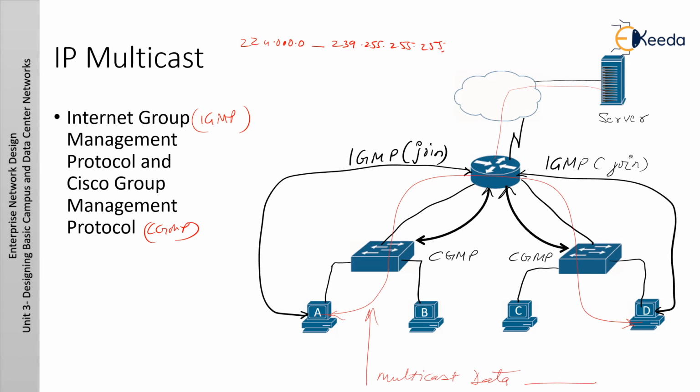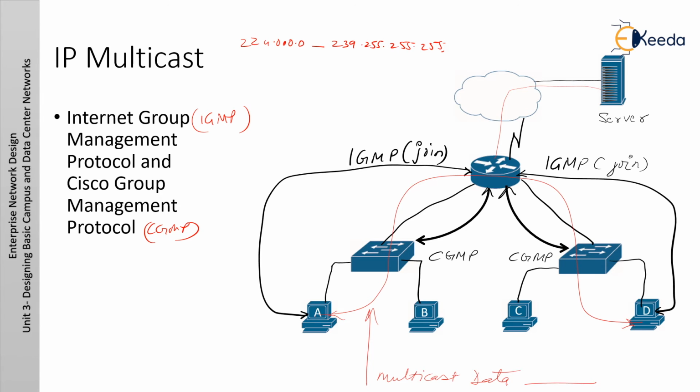By default, layer 2 switches flood multicast frames to all ports except the port from which the frame originated, which means that all multicast traffic received by a switch would be sent out on all ports, even if only one device on one port requires the data stream.